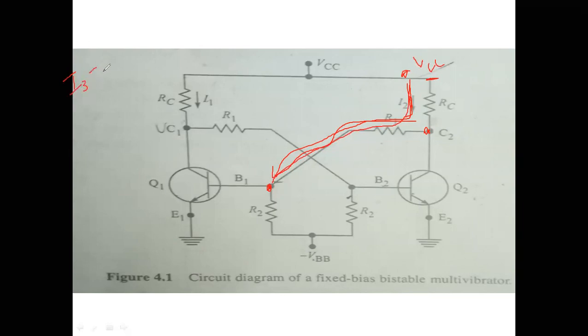I3 equal to VCC minus the voltage at this point, which is nothing but the VBE of the first transistor. We have assumed this value as minus 2 volts, therefore we make it plus, minus of minus 2. VCC is 12 volts, divided by RC plus R1.